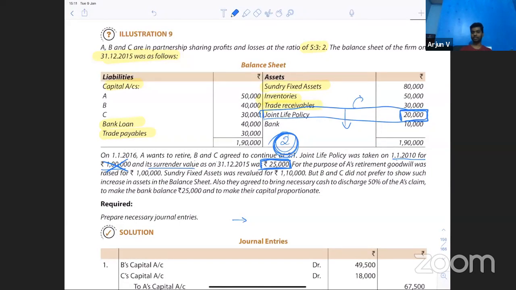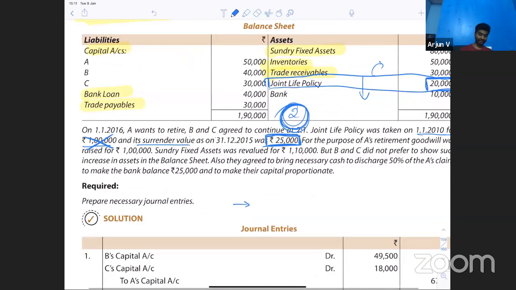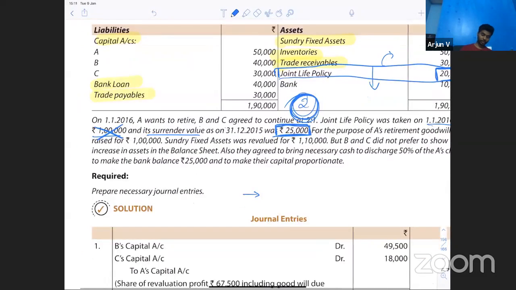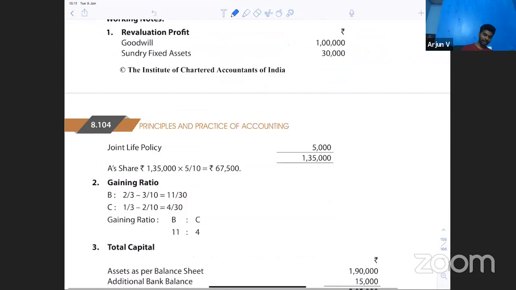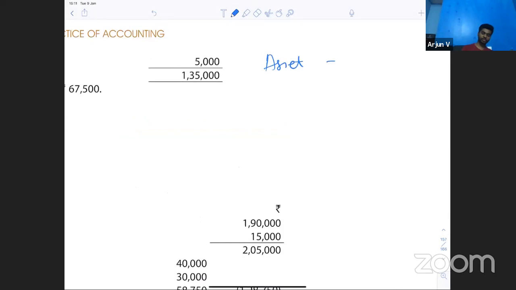The only partner who survived was what? They all retired. So when they retired, see here, 20,000 was the value in the books. They got 25,000. Now I want you guys to answer a question. When an asset worth 20,000 is sold for 25,000, what is the journal entry?